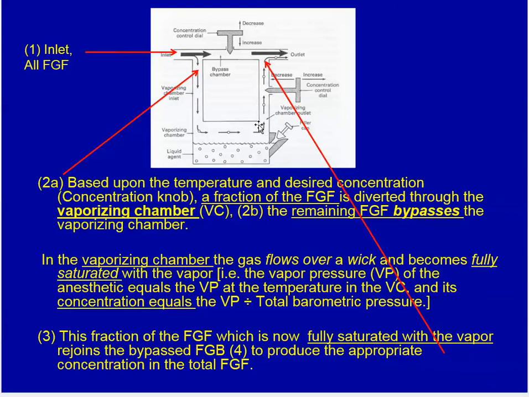So if the concentration of isoflurane here is 30%, and you want it to be 1%, it will mix 1 part of flow here to 30 parts bypassing this circuit, so that you end up with 1% isoflurane. If you want 2% isoflurane, you then cause twice as much gas to go through the vaporizing chamber to produce 2%.